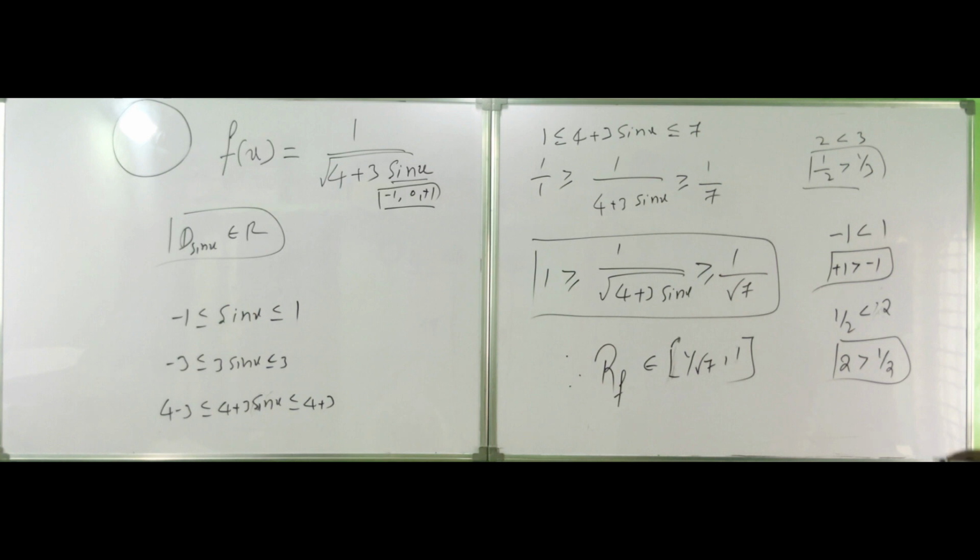Then what would be the square root? If 1 is less than the square root of 2, let it be this. If 2 is less than root 5, then applying squaring on both sides, 4 is less than 5, less than or equal to 5.